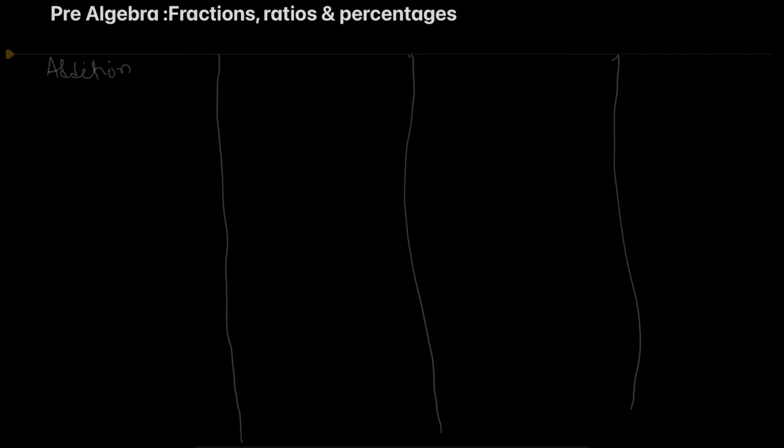In the case of addition, if you have two fractions and you want to add them, say you have 3 all over 2 plus maybe 1 all over 12. So in this case, how do we add it up?